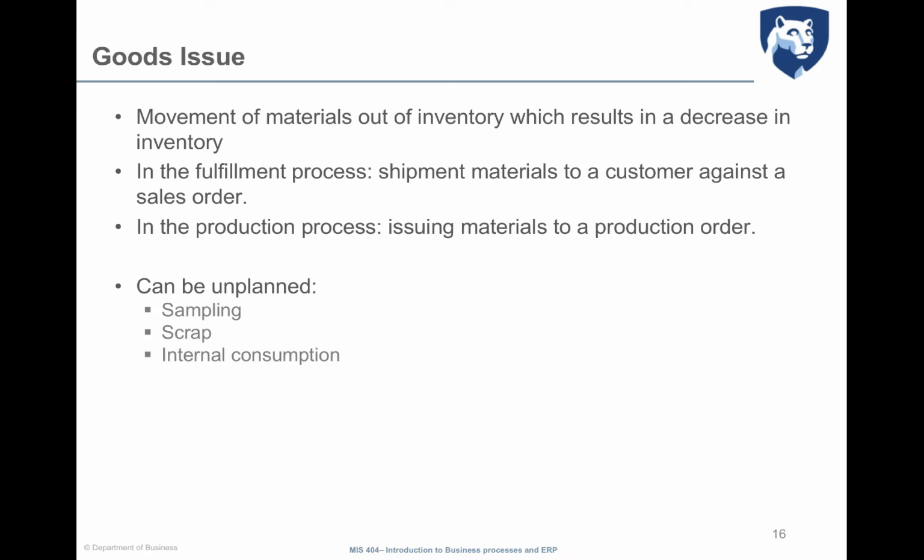The complementary of goods receipt is goods issue. In contrast to goods receipt, goods issue results in a decrease in inventories. It means that I'm selling or shipping something, to an internal or an external customer, through the fulfillment process, which has as a final point the fact that some material, goods or product needs to be shipped to someone who is requesting these goods against a sales order.